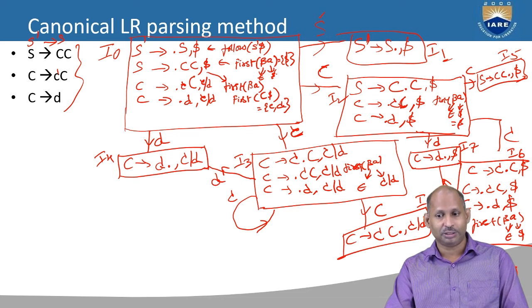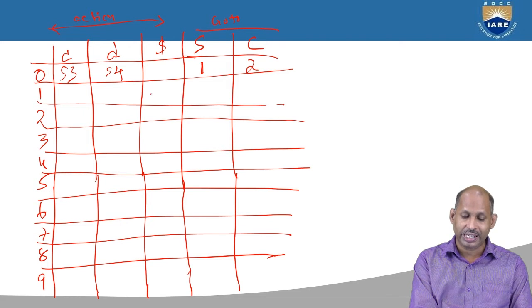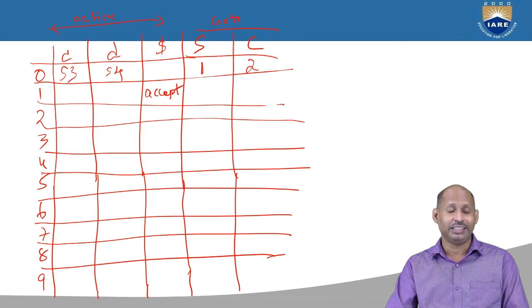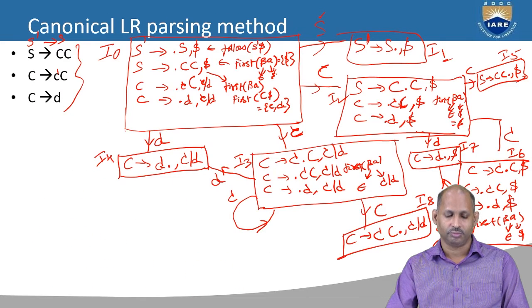Since it is a special production, S dash goes to S dot, simply we say state 1 is accept. Is it clear?